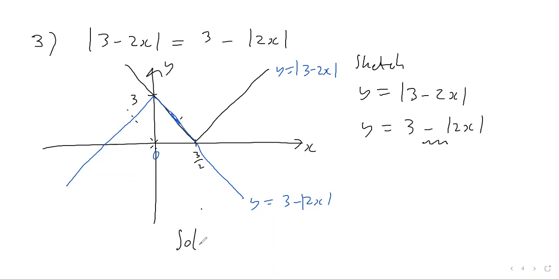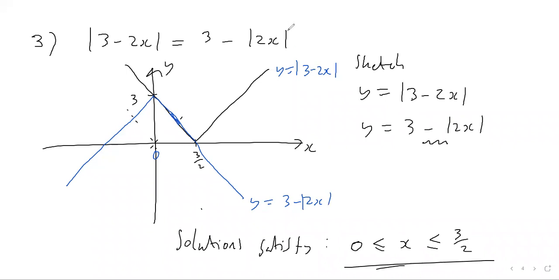So solutions satisfy x is between 0 and 3 over 2. That would be our solution set. Any x value between 0 and 3 over 2 inclusive, just because we're including the 3 over 2 and the 0 there within our graphs. Any of those values would solve this equation up there. Okay, so that's that one.